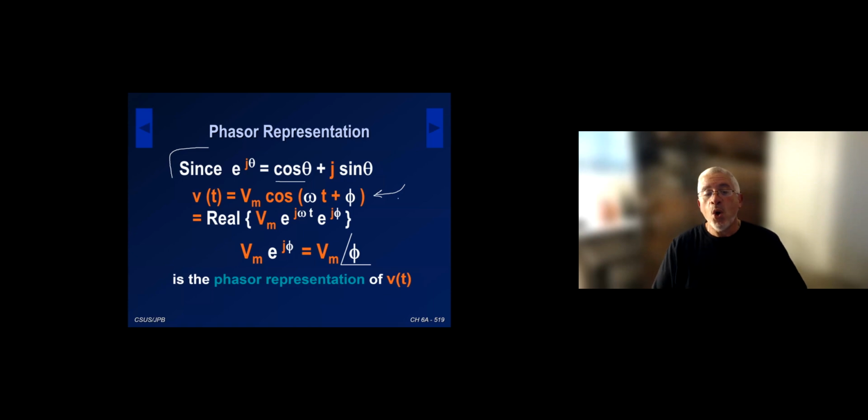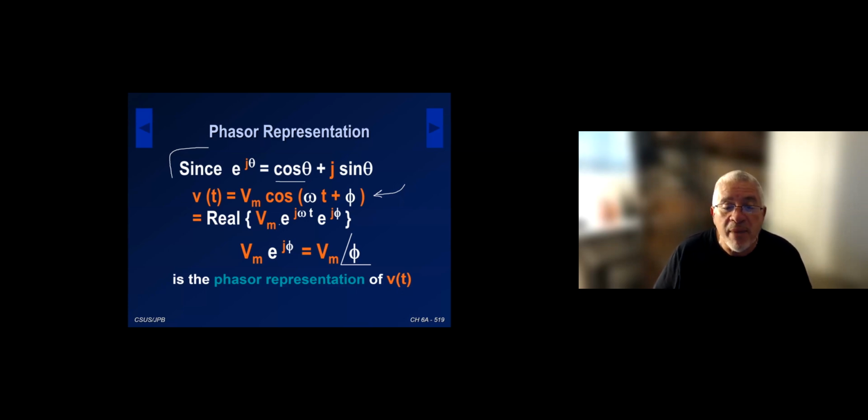Bear with me for a little bit, I'll explain why we do this. I know this is not making that case yet, but I promise I will. We're going to say that Vm e to the j phi, often expressed as Vm angle phi, is the phasor representation of the original function.